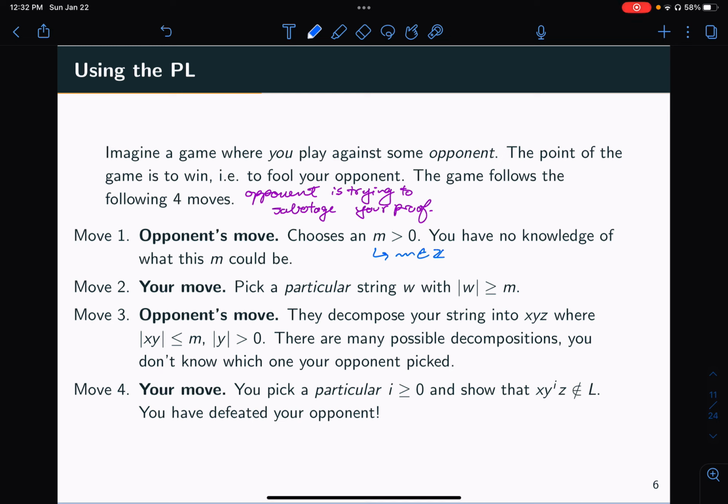You have no knowledge of what this integer m could be other than it being an integer and it being positive. So you have to create a strategy for an arbitrary m.